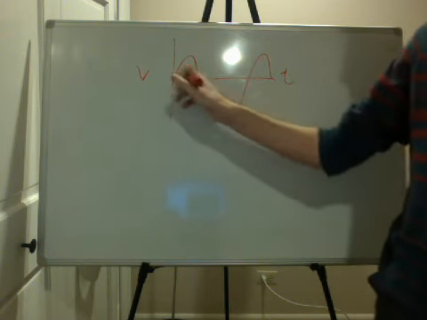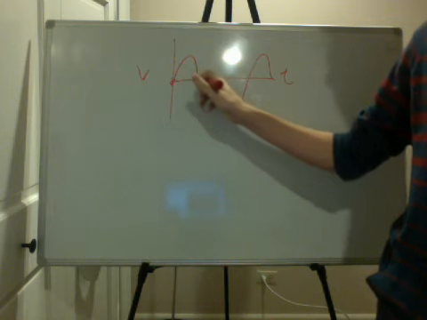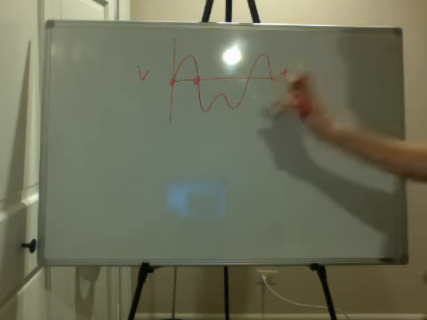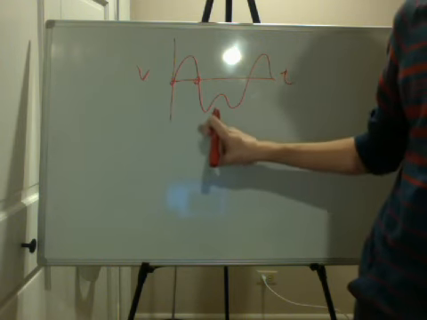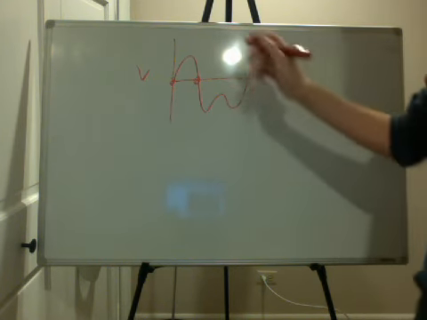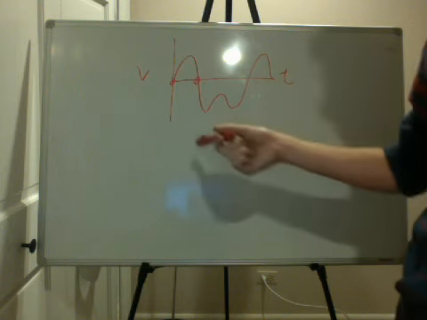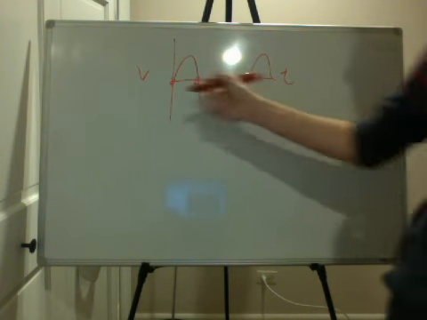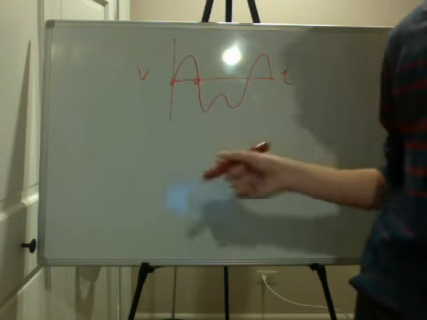Whenever this graph equals 0, that is like saying that the position graph slope is 0, right? Because this is the derivative of position. That means that whenever it equals 0, the velocity is 0.